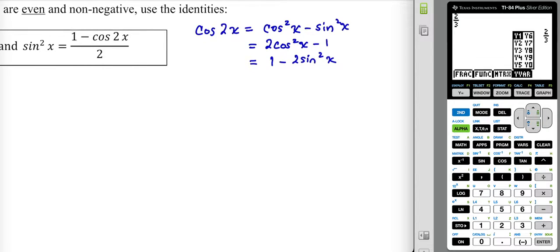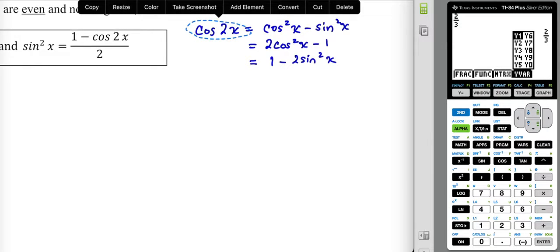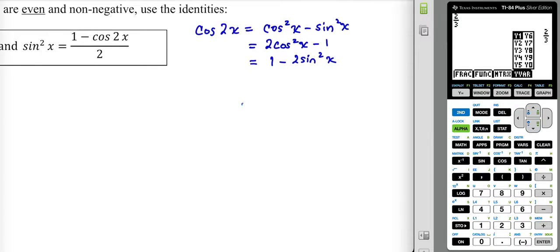Alright, so let me just grab one of them. Cosine 2x. They moved the copy on me, so it always takes a moment of hesitation. Always looking in the wrong place. So if I take this relation here and solve for the cosine squared, I'd be adding a 1 to both sides.